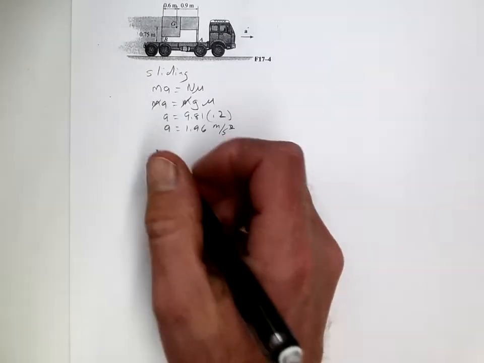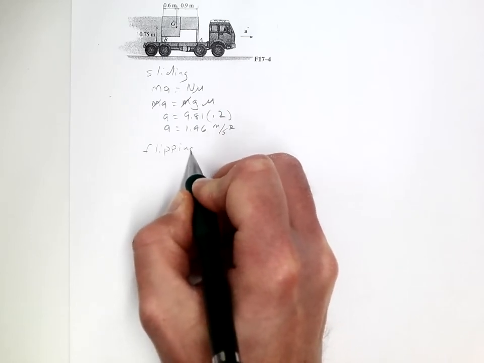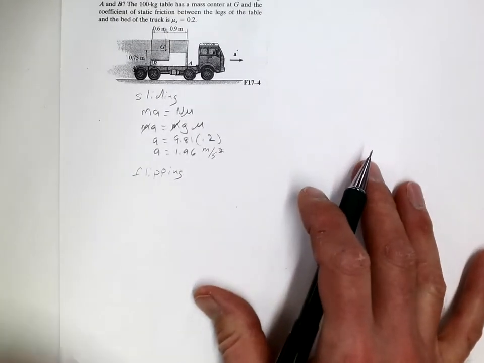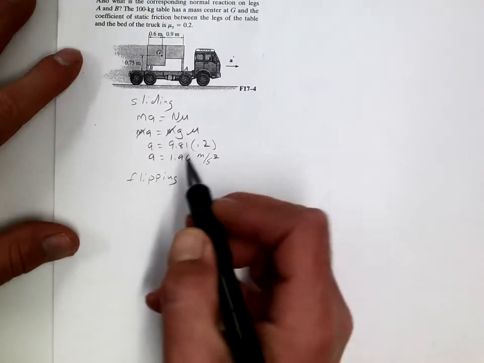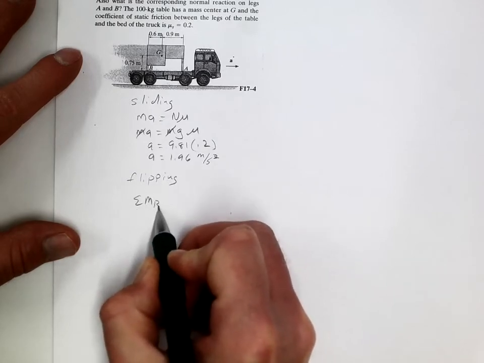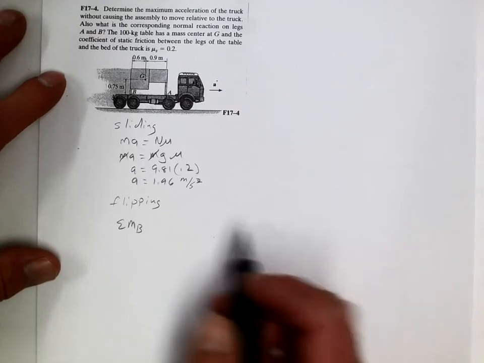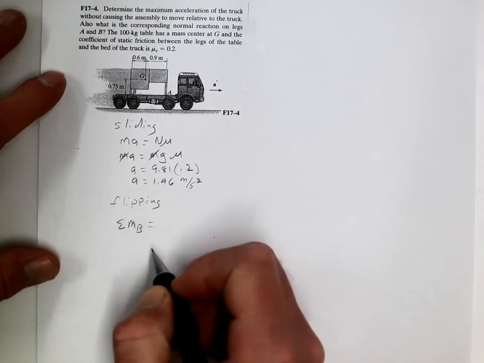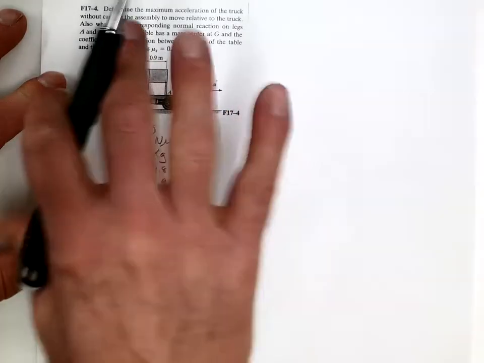For flipping, let's sum the moments about B. Summing the moments about B, we get, now mg is down, so that's positive.